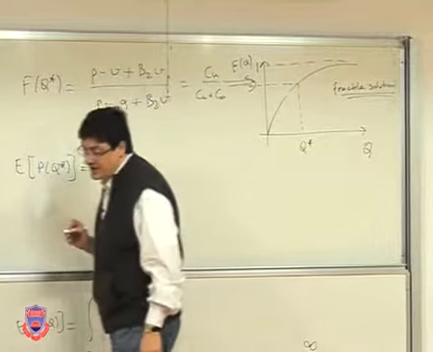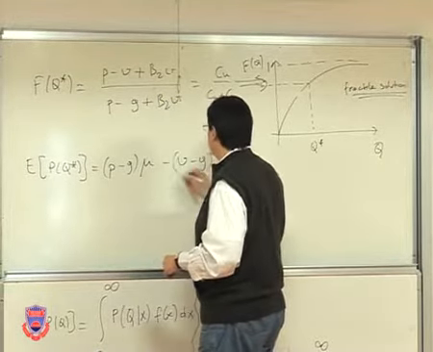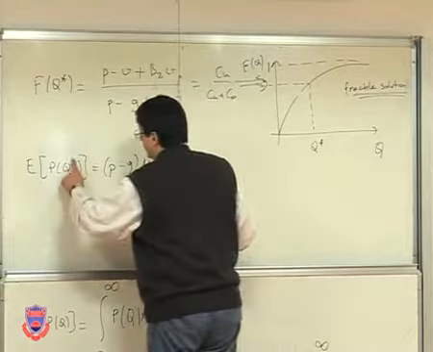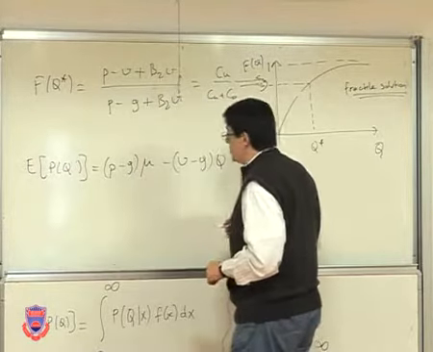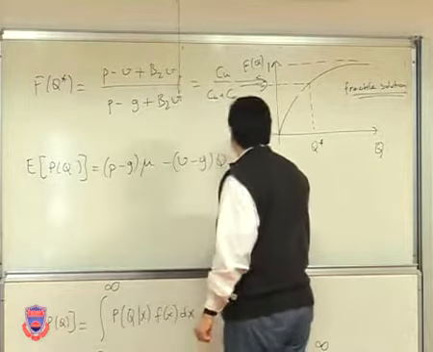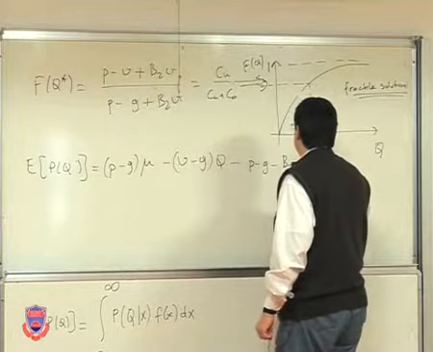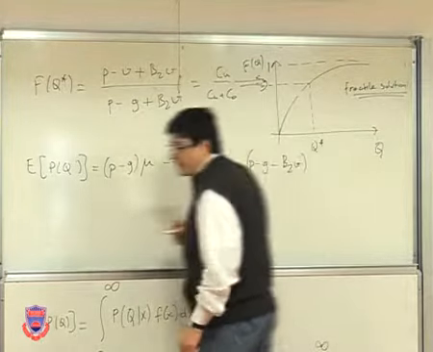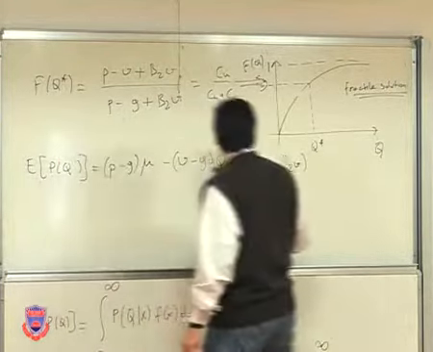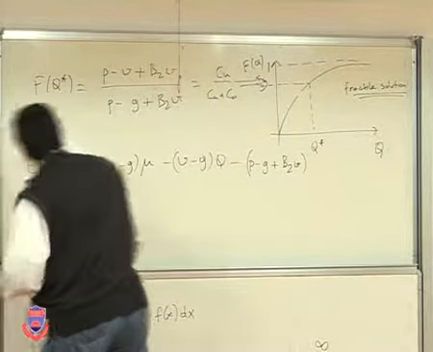P minus G times mu, I will explain what this means. V minus G, well, let me say times Q. And then I'm going to have minus P minus G minus B2V plus B2V times X minus Q.